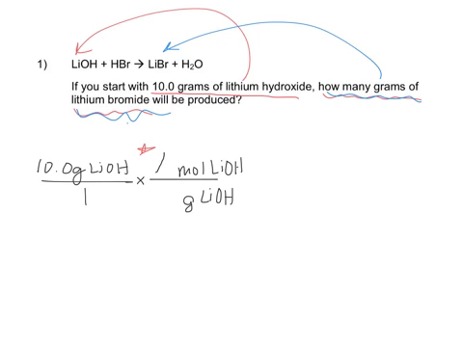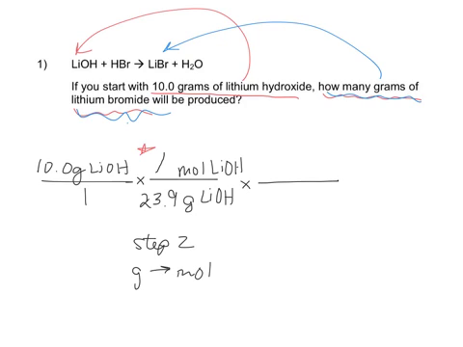So if you add up the weight of lithium, oxygen, and hydrogen, the molar mass of 1 mole of lithium hydroxide, it will weigh 23.9 grams. So that is our step 2, which is to go from grams to moles.